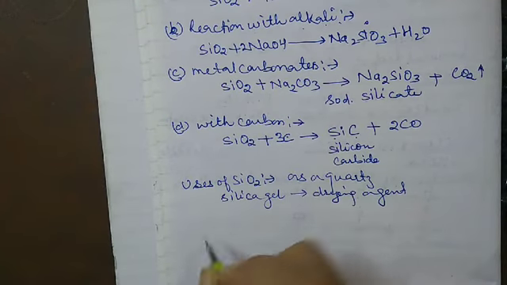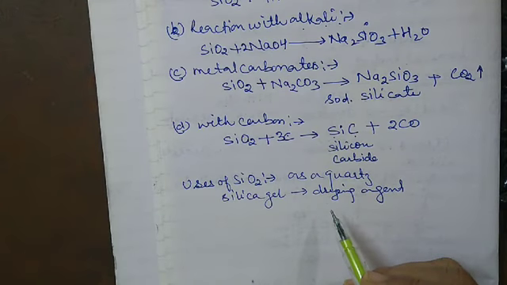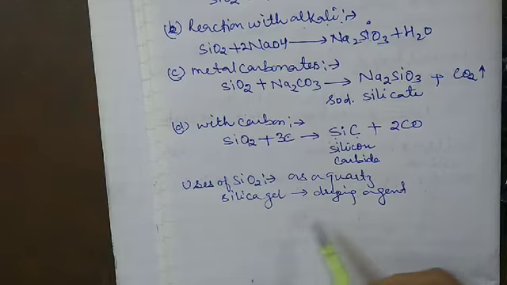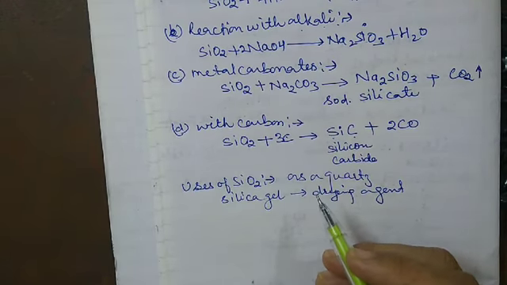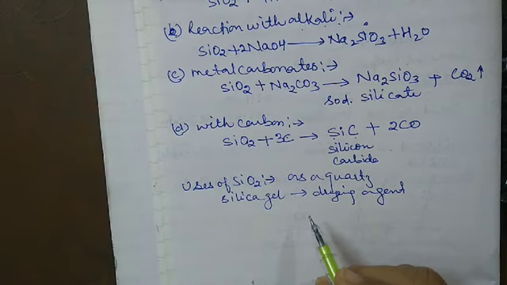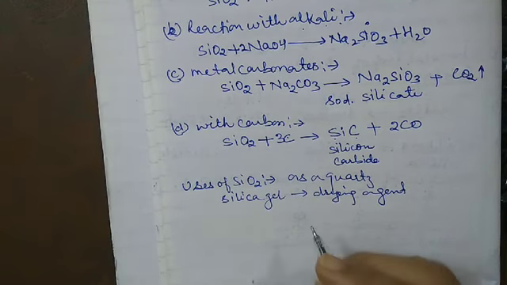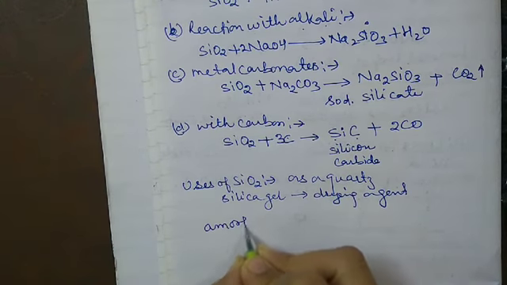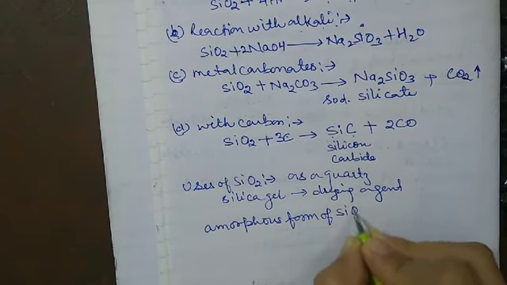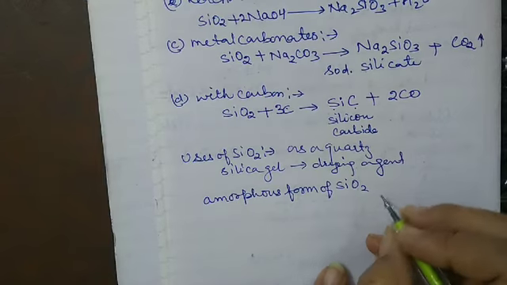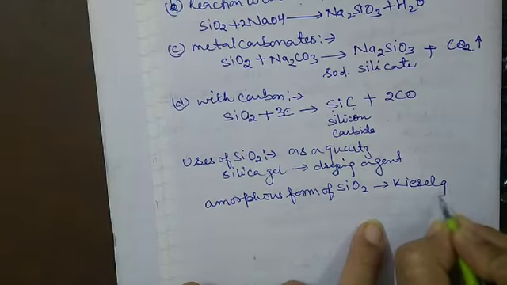Now the last use of the silicon dioxide is in its amorphous form, the non-crystalline form. The amorphous form of SiO2, the silicon dioxide, is also called Kieselguhr.